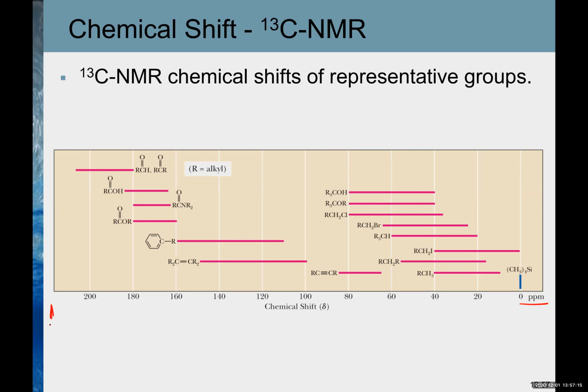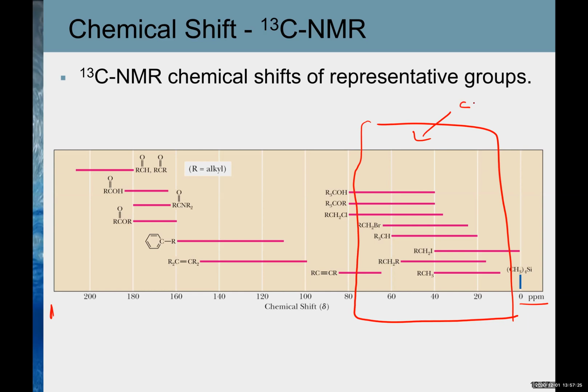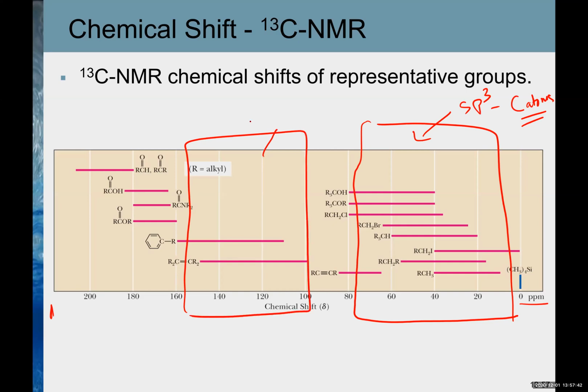Important regions: sp3 hybridized carbon atoms give signals between 0 and 80. sp2 hybridized carbons, the double bonds, give signals in the region of 100 to 160.